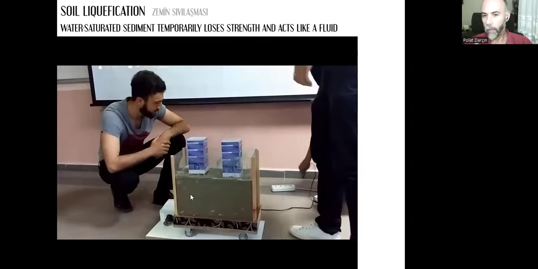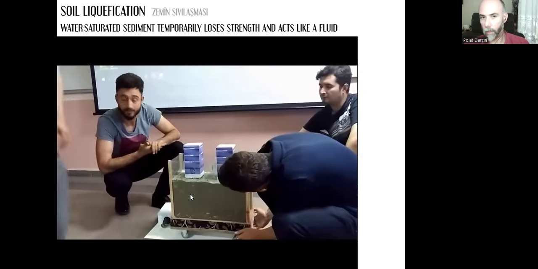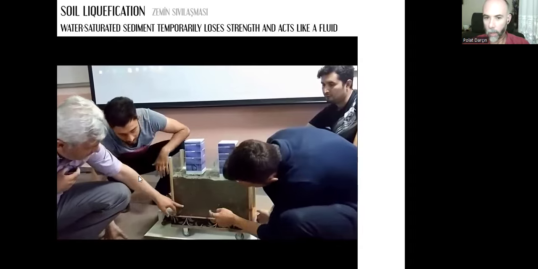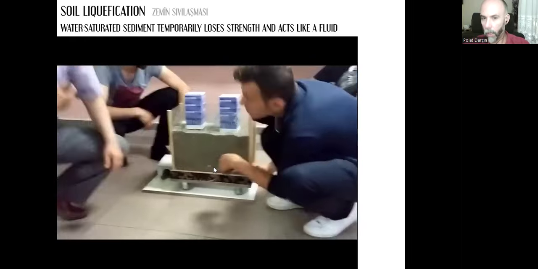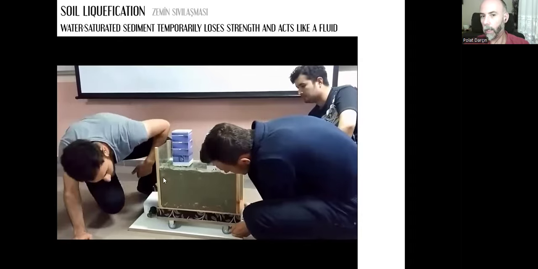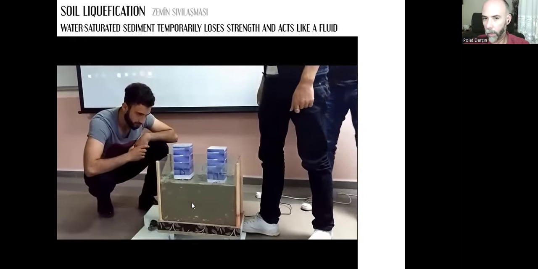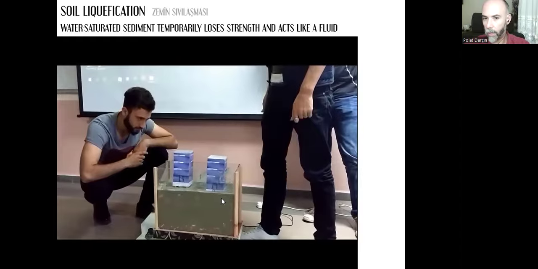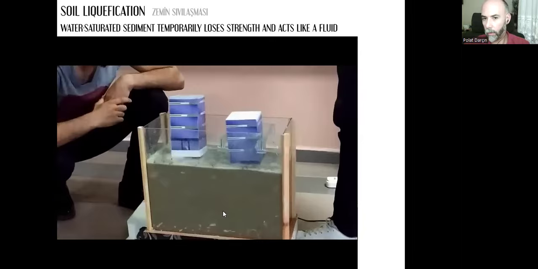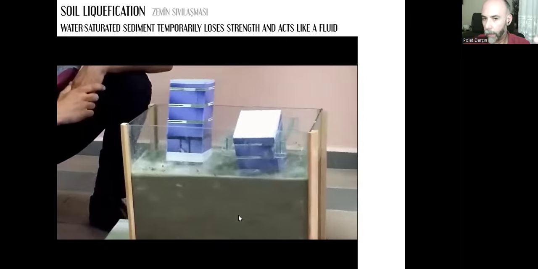The one on the left has piles beneath the raft foundation. The one on the right doesn't have any deep foundations, only the raft foundation. There are different layers of soil, like the gravel and sand and clay, all mixed, and there's water. The whole part is saturated with water, and as you can see, as the earthquake happens with these lateral loads, the soil starts to act like a liquid.